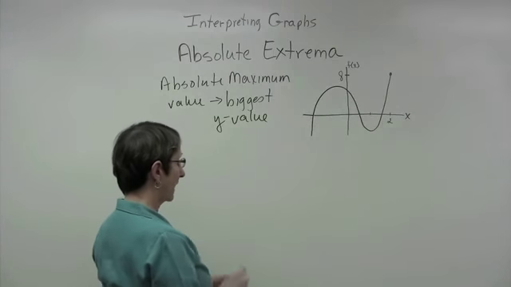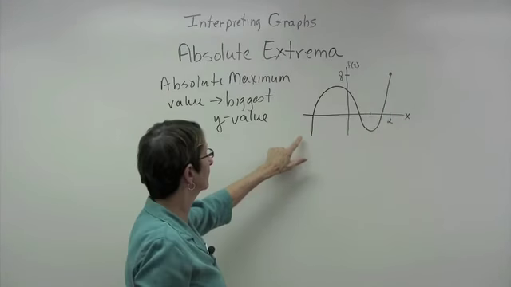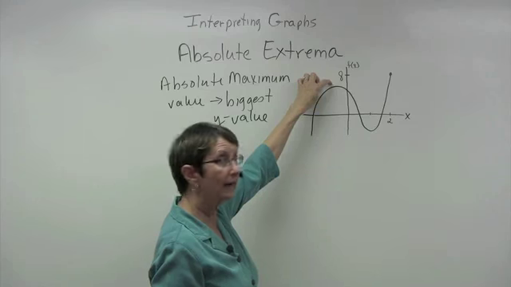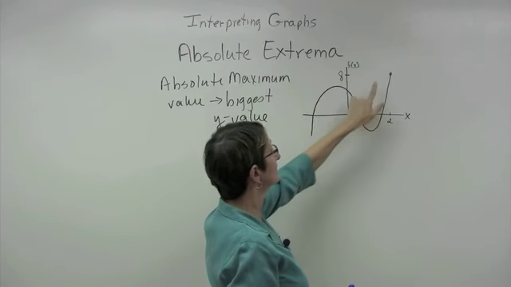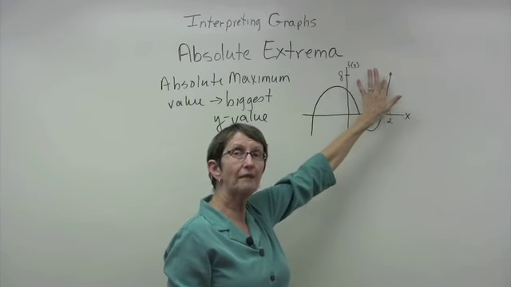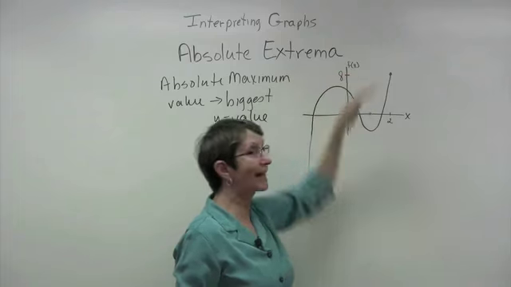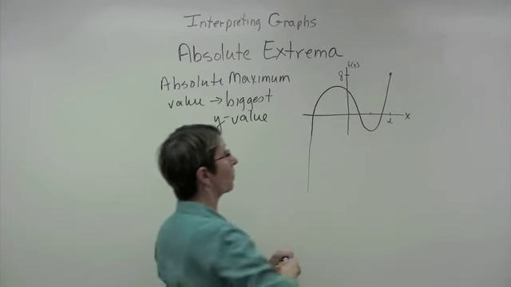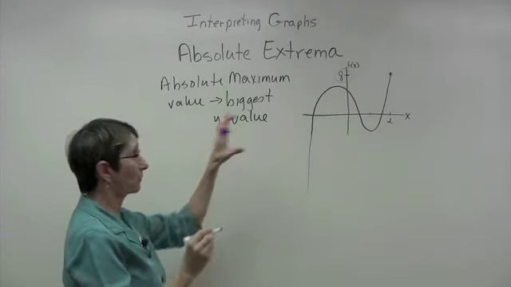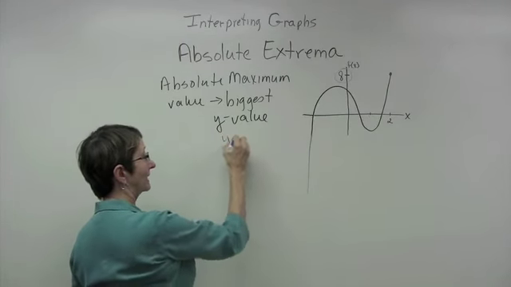When I look at this graph, reading left to right, the graph starts down here and it goes up to this point, which is pretty high, but it dips and goes again to this point, and this dot here means that the graph stops. So when it stops here, clearly that is the biggest y value. So my absolute maximum value for that function is the y value, y equal to 8.